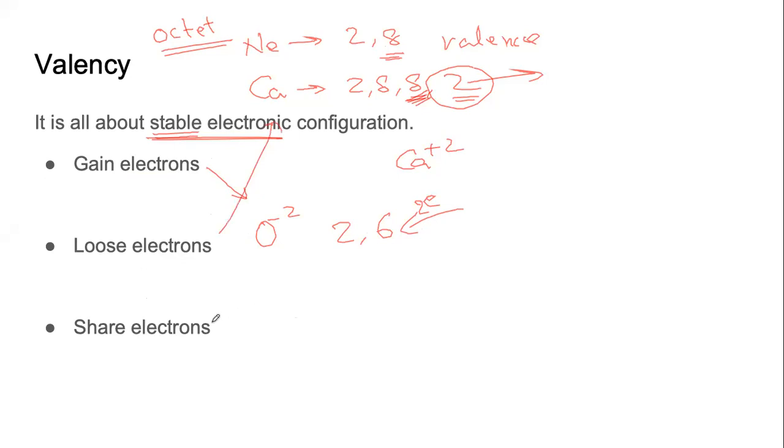Sharing, one sharing case we have studied is carbon, where carbon shares 1 electron with hydrogen, another electron with another hydrogen, another with another hydrogen, and another with another hydrogen. Carbon's electronic configuration is 2, 4. So these 4 electrons, 1, 2, 3, 4, are shared with 1 electron each of hydrogen to form what compound?